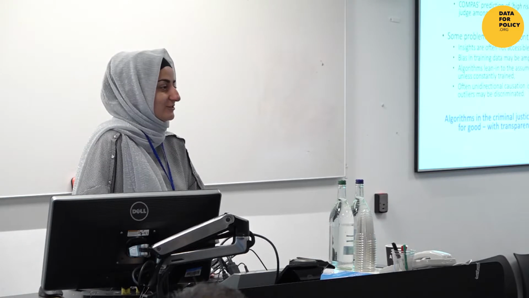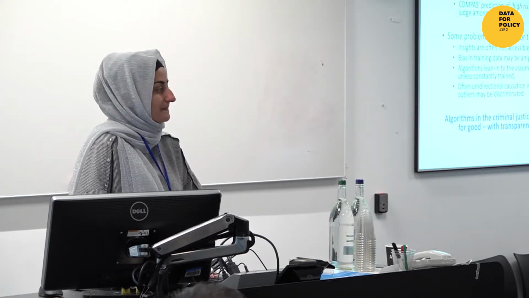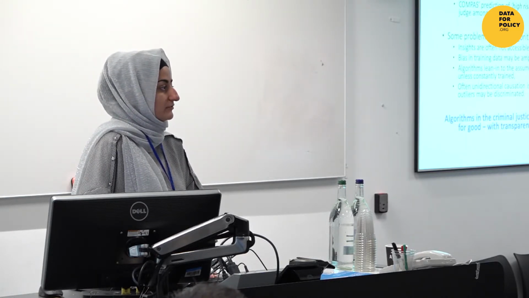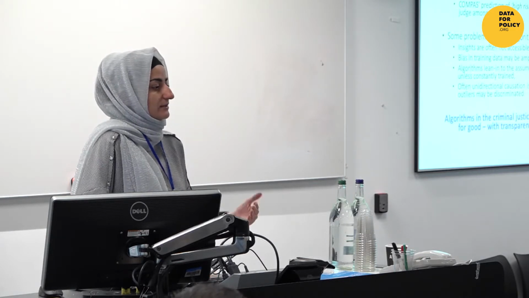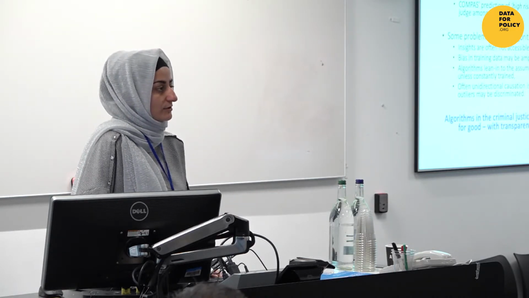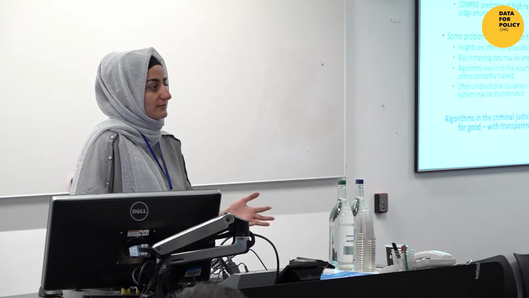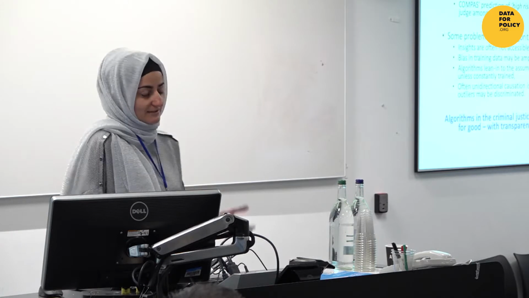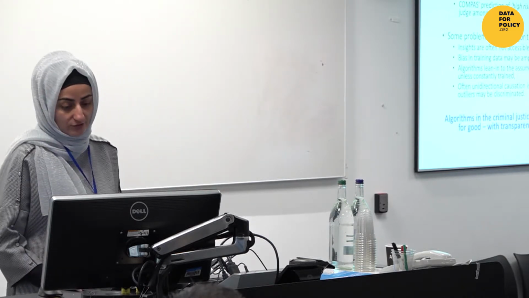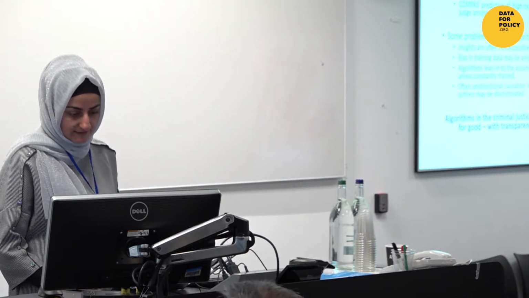The algorithm can't think that if you sentence someone more, then you are actually contributing to the risk of recidivism in the future as well. There might be other parameters that a human judge could take into account, but these algorithms are not yet there.